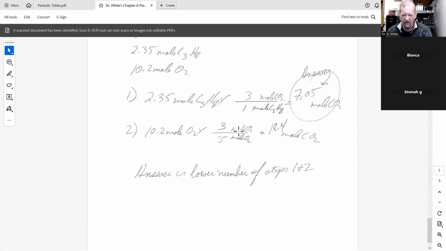I'm left with CO2 moles, which I want. 3 significant figures, 3 and 5 are exact, and I get 18.4. To figure out which is the right answer, the lower number of these two is the one you'll get. In this case, 7.05 is lower than 18.4, and the correct answer is 7.05.